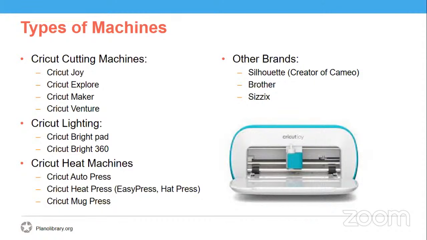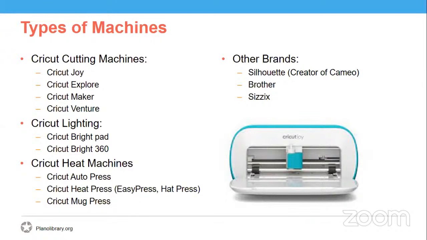And they have the Cricut Hat Press, which is a miniature heat iron. It's a curved iron for the curvature of a hat. And they have the Cricut Mug Press to basically sublimate ink and other vinyl directly onto the curved surfaces of mugs.